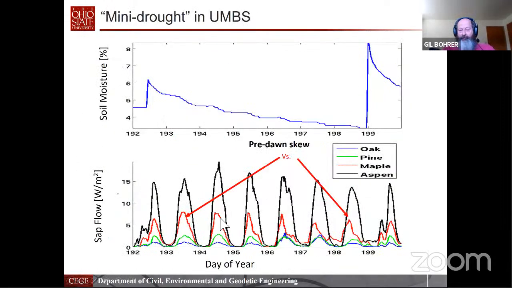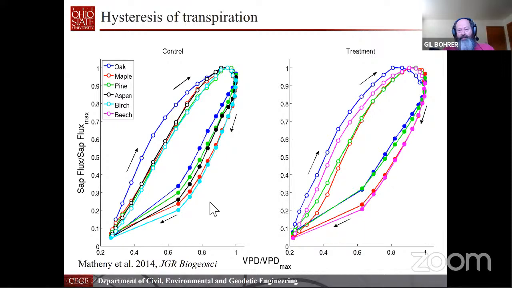That phenomenon of the daily peak sap flux coming earlier and earlier in the day creates an effect of hysteresis. If you think of the daily cycle of VPD or PAR, VPD will peak around 2 p.m., and PAR will peak around noon, or in Michigan, more around 1 p.m. So if we follow stomatal conductance as a function of VPD, if that's a physical function, we expect stomatal conductance to be the same when VPD is the same, or to be fair, when VPD and light are at the same combination.